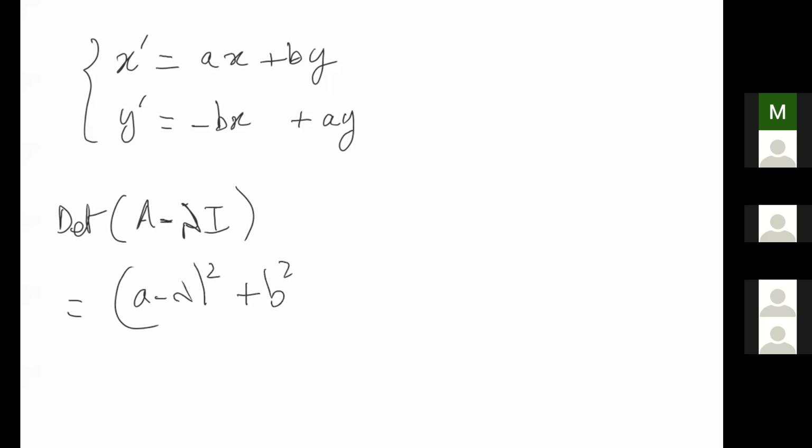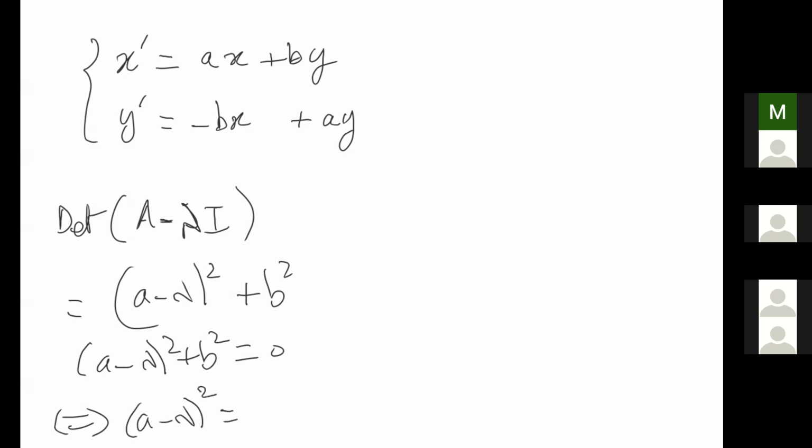So if I want that to be 0, this means that a minus lambda squared equals minus b squared, which means that a minus lambda equals ib, or a minus lambda equals minus ib.